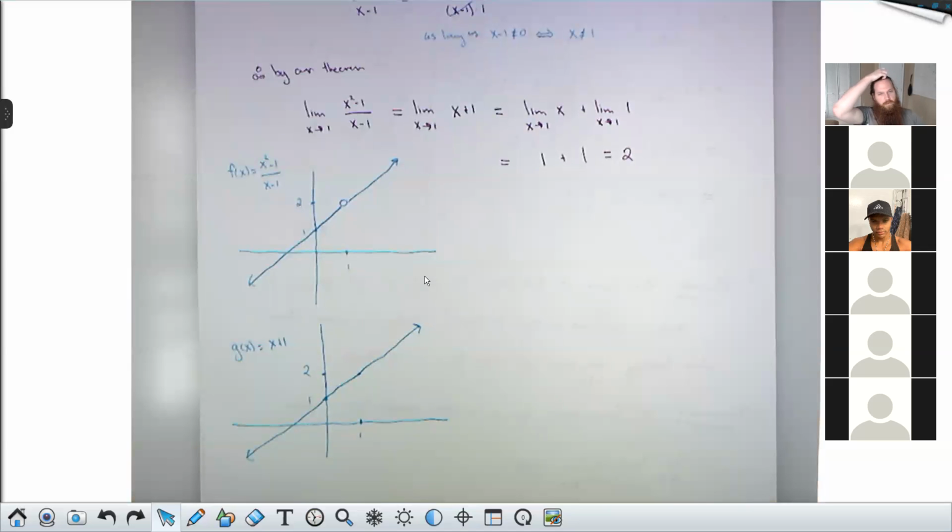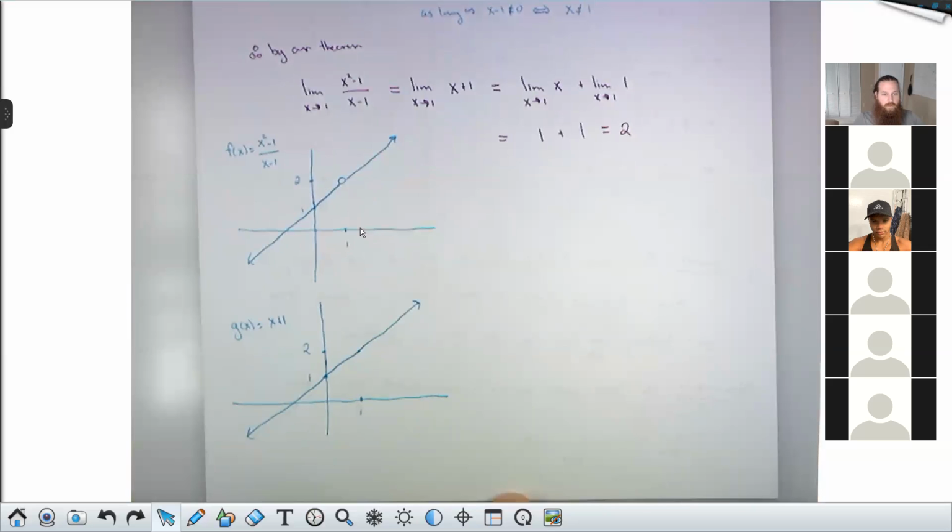They're not the exact same function, are they? They're almost the exact same function.